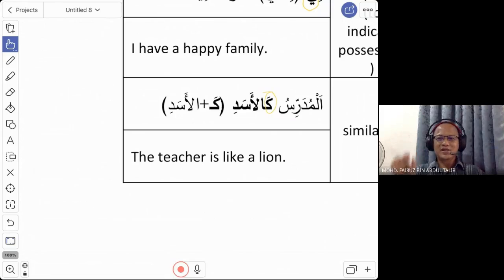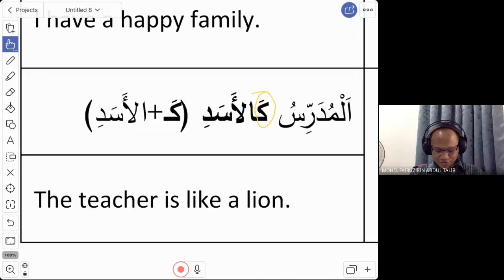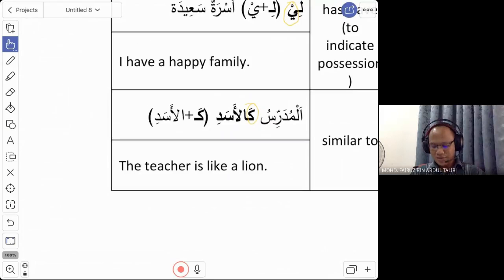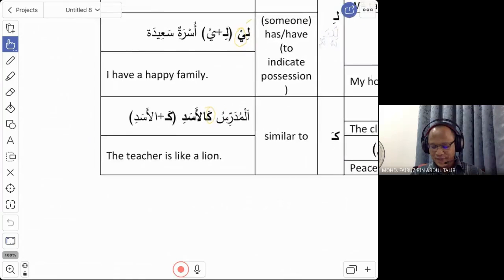Later on, you can just say al-mudarrisu asad. You don't have to say ka anymore. So you say the teacher is a lion. But of course, what you want to say is he is like a lion. So this is the word ka, similar to.